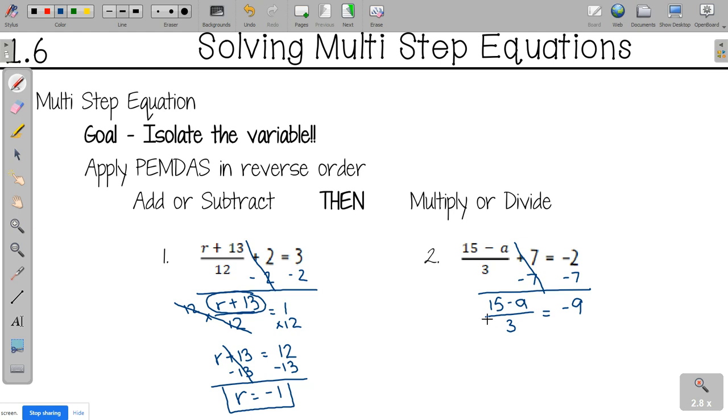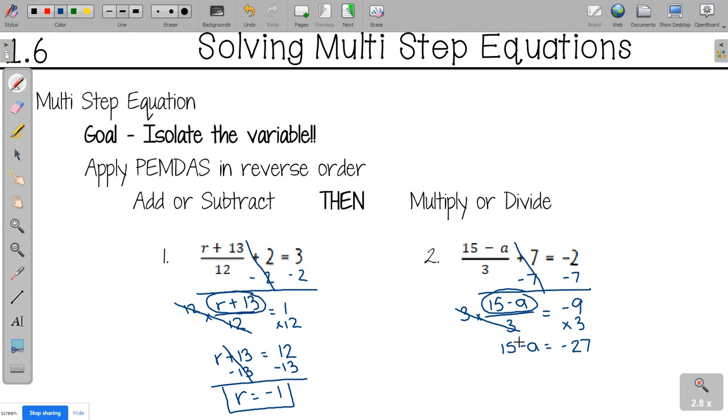Now we need to get rid of this divide 3. So we're going to multiply both sides by 3. Cancels out. We're left with our numerator. 15 minus a is equal to negative 9 times 3 is negative 27.